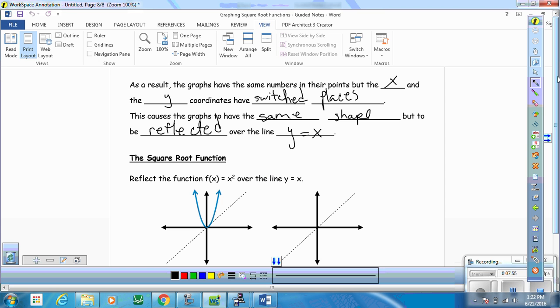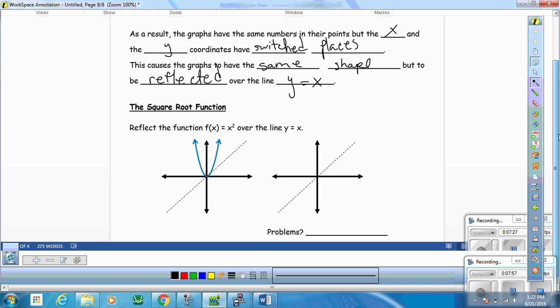Now, as far as talking about the square root function, when we take this graph and reflect it over that line, if you recall, it made a graph that looked something like this. And if we're talking about a function, what kind of problems might there be with a graph that looks like this?